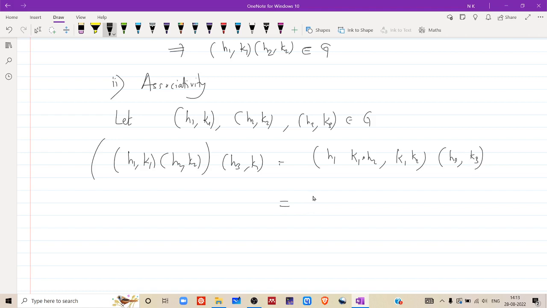So that is equal to h1. We have to take the first element as it is, so we take h1 k1 dot h2. Then we see the action: k1 k2 will take action on h3.